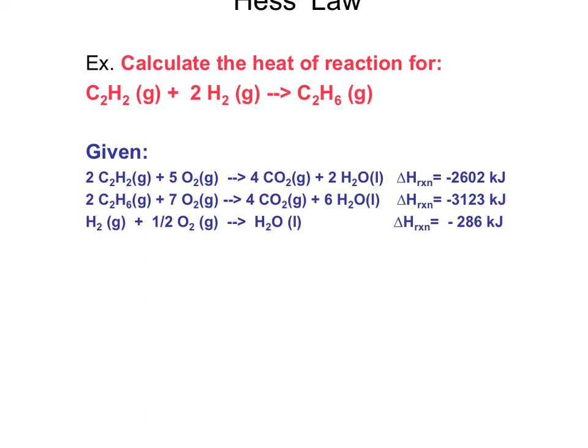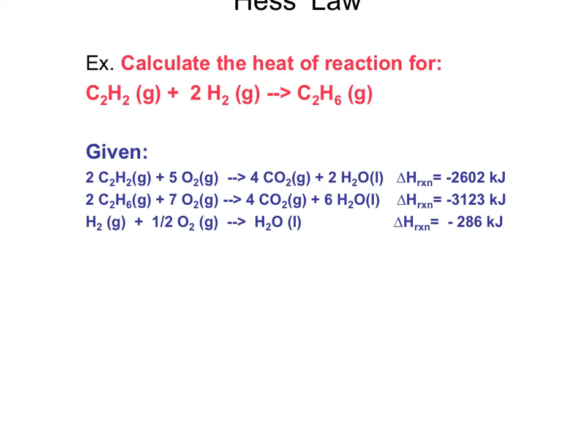So you are given some information, and you have, in this case, a combustion reaction of C2H2 to form CO2 and water, the heat associated with the combustion. Similarly for the C2H6, that's a combustion reaction. And then this last one is a heat of formation of water from the elements in elemental form, 286.